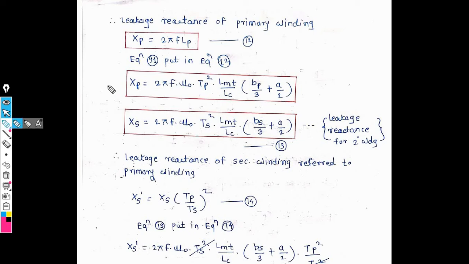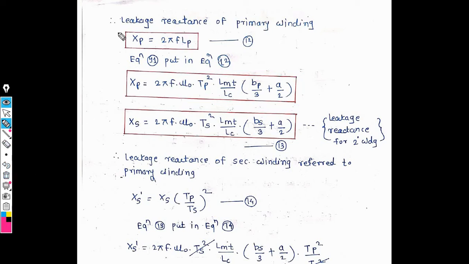That means put the value of LP, that is mu 0 into TP square into LMT upon LC into BP upon 3 plus A by 2, in which we have to calculate XP.